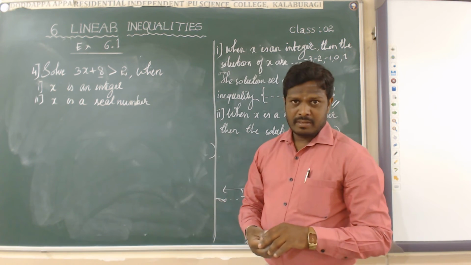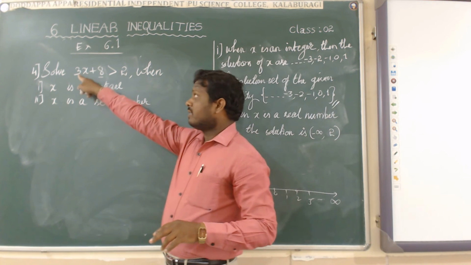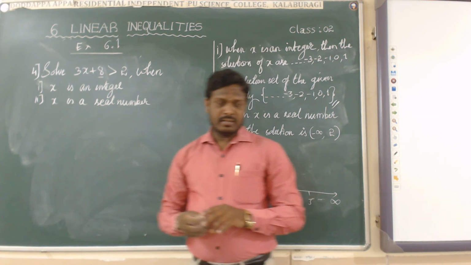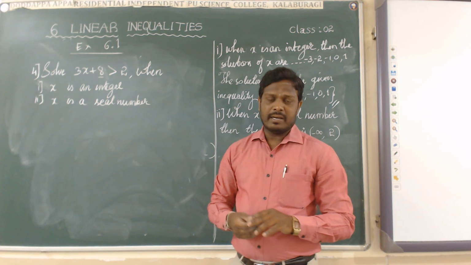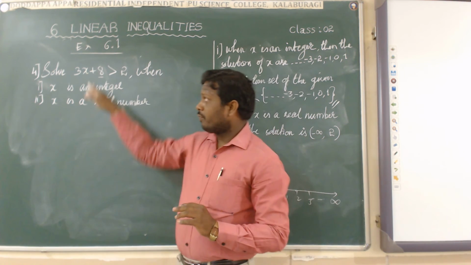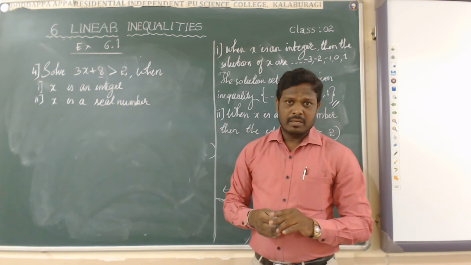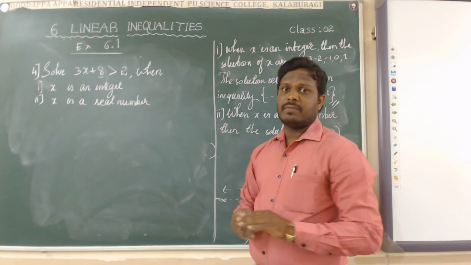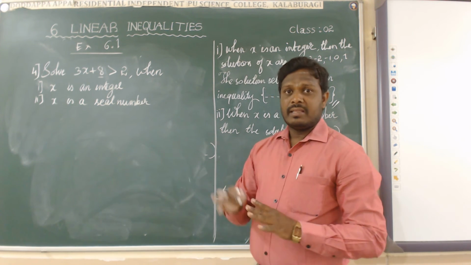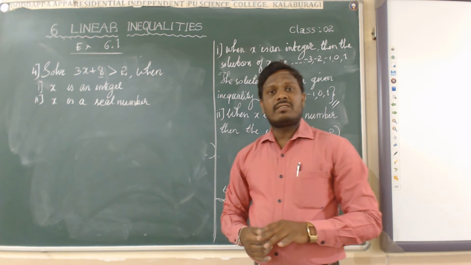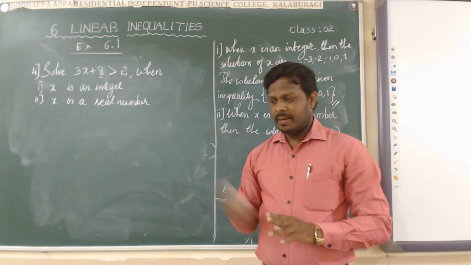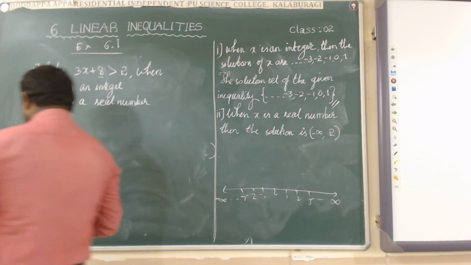Then we have to remove the coefficient 3 to make the coefficient of x positive 1, again applying the rule. After getting the coefficient of x as positive 1, we can write the solutions of x according to the inequality symbol. Come to the solution of this one.